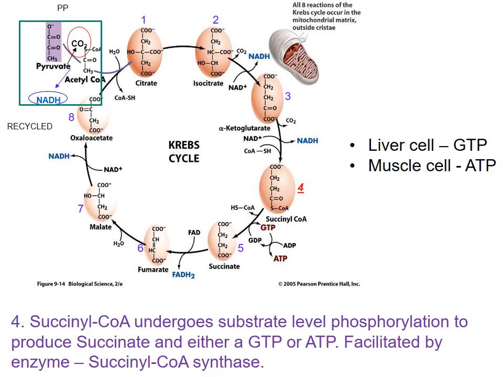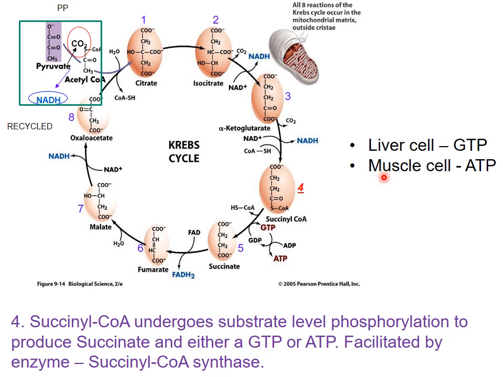The fourth step is when this succinyl coenzyme A over there is phosphorylated to produce succinate and either GTP, remember what GTP stands for, or ATP, facilitated by the succinyl coenzyme A synthase. Now, the GTP or ATP depends on the cell type.